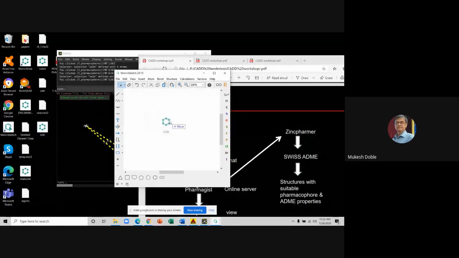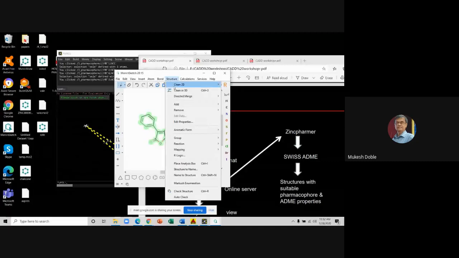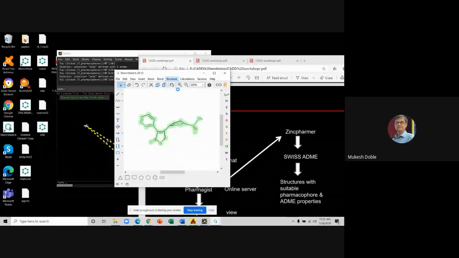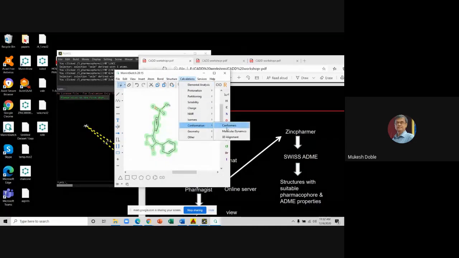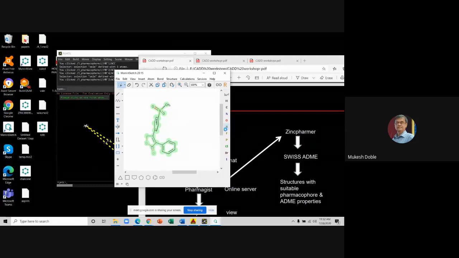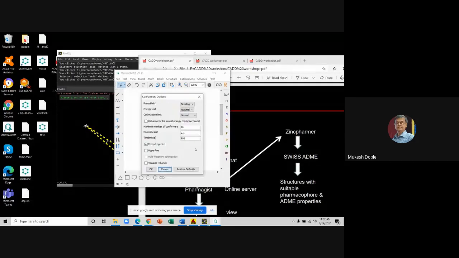So this is rofecoxib, as you can see here. Then we can draw the conformations. So we can get the conformations and also the minimum energy conformations.